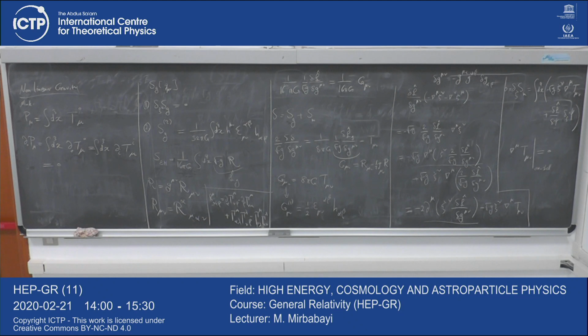One way is to check explicitly in some example. I just take, for instance, the action for a scalar field and see that my definition and the original definition using the Noether current are going to give the same answer once you put the metric to Minkowski without any coefficient.